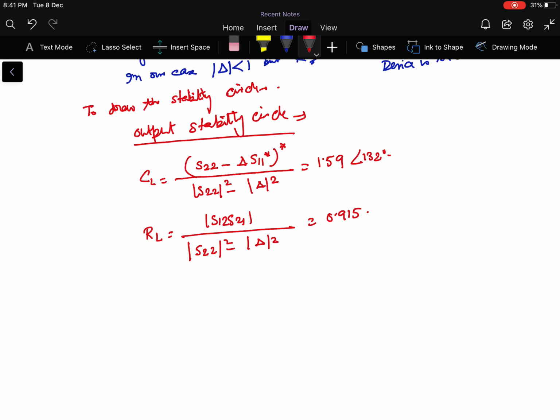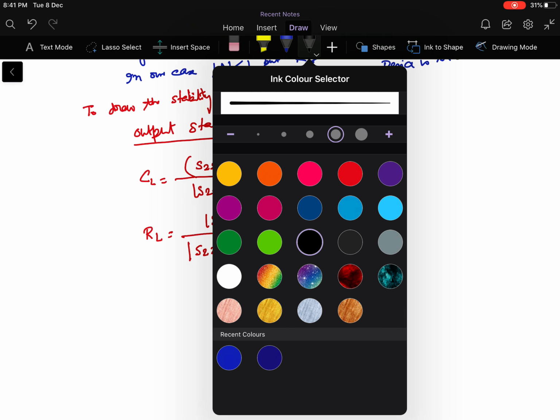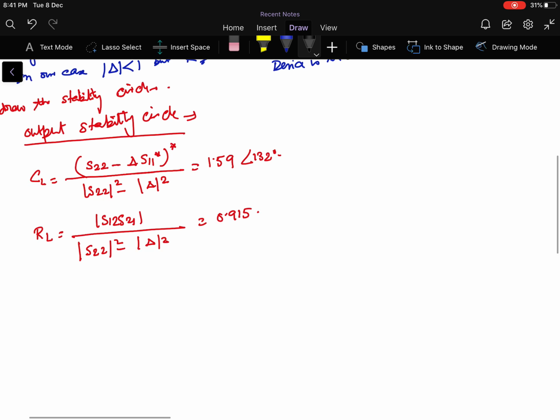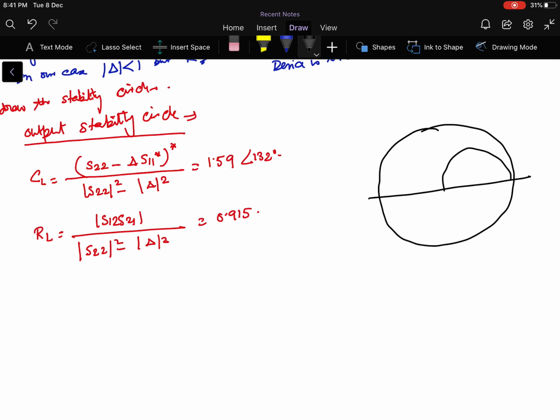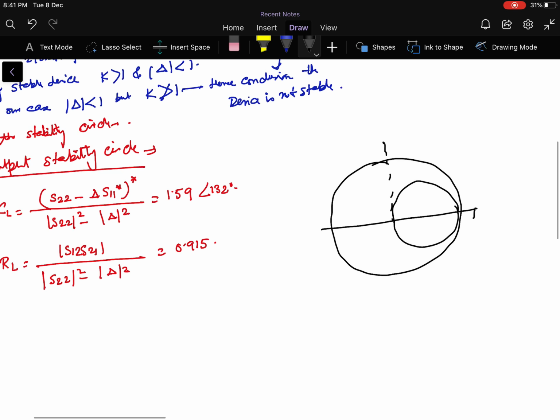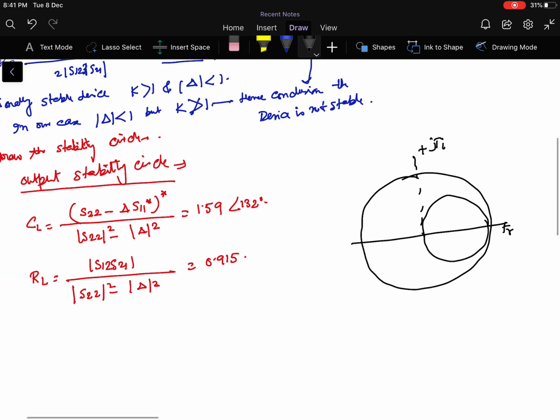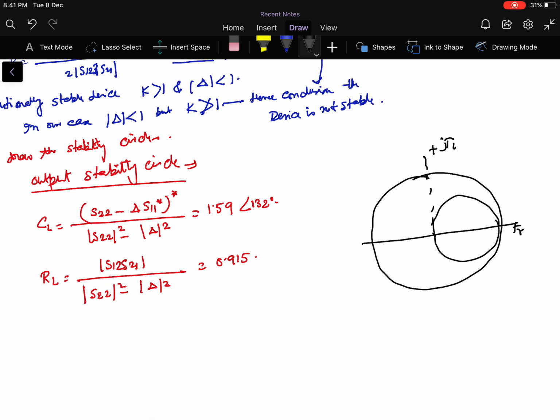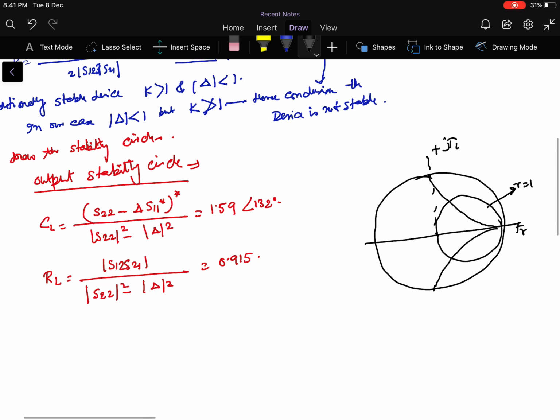Now to draw it, I will go back to my Smith chart plot. Let's say my Smith chart looks like this, with axes tau r and j tau i. This is the circle which I draw, the r equal to 1 circle.